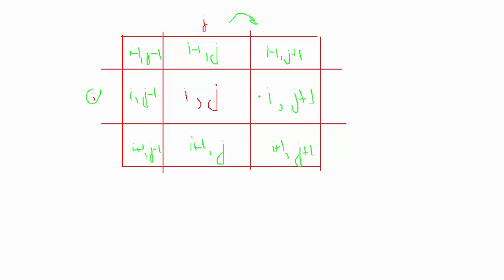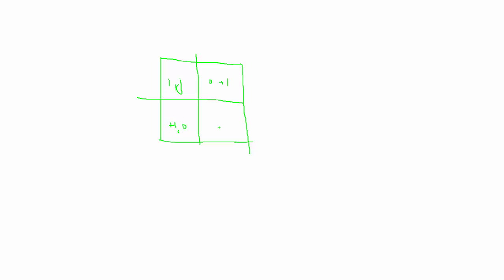Okay, so now it should be fairly simple if I have a 2 by 2. So something like this. This is going to be i, j, and this one is going to be the same row, so plus 1 on the columns. This is going to be plus 1 with the same column, and this is going to be plus 1 plus 1, just shorthand. Okay, let's do that.